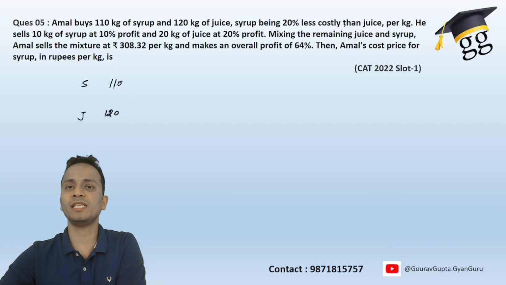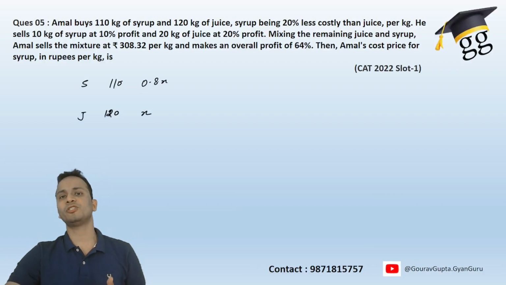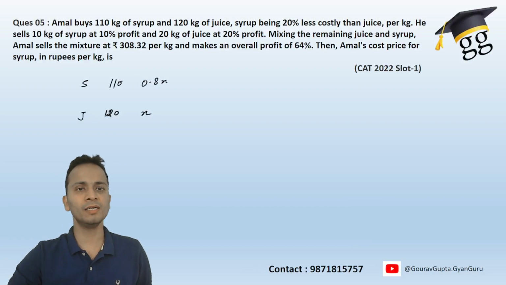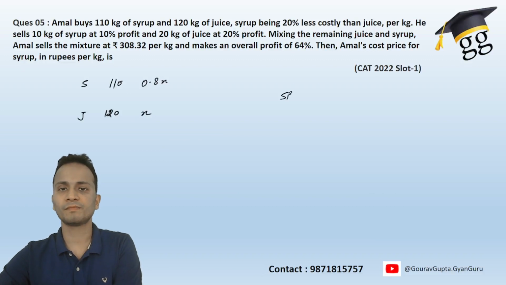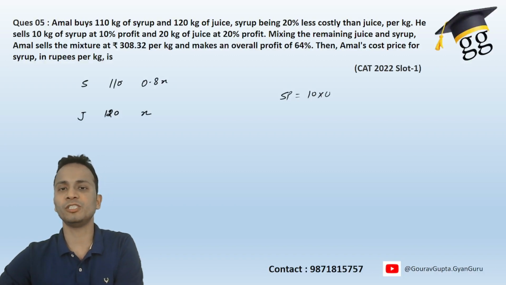Syrup being 20% less costly than juice, let's say the cost of juice is x, so the cost of syrup will be 0.8x. Now he sells 10 kg syrup at 10% profit.